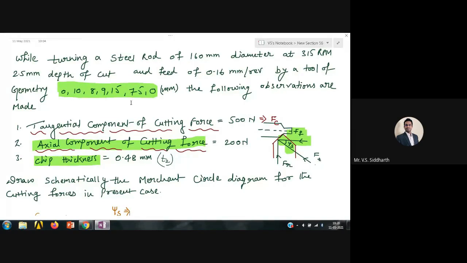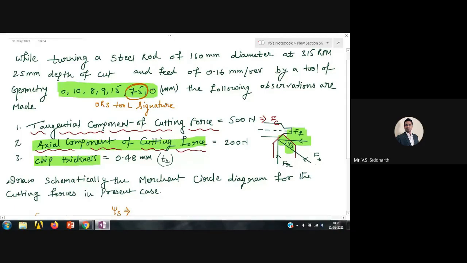Very good. Very good. This is the ORS tool signature. Very good, Janvi. Because you see this angle, how much it is. I told you one technique to check whether the given tool signature is an ASA tool signature or an ORS tool signature.